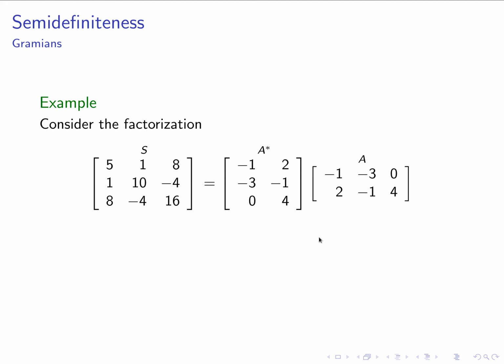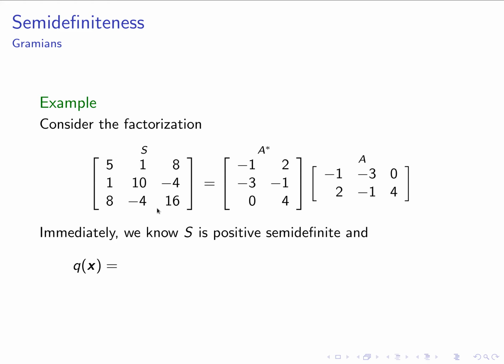Well, what do we know about this matrix S? This matrix is the Gramian of A, and therefore we automatically know that S is positive semi-definite. We also have a nice way of representing the quadratic form corresponding to S. According to our calculation from the previous slide, the quadratic form corresponding to S is the same thing as the magnitude of A times x squared, and A times x is the same thing as taking the inner product of each of the rows of A with the variable vector x.